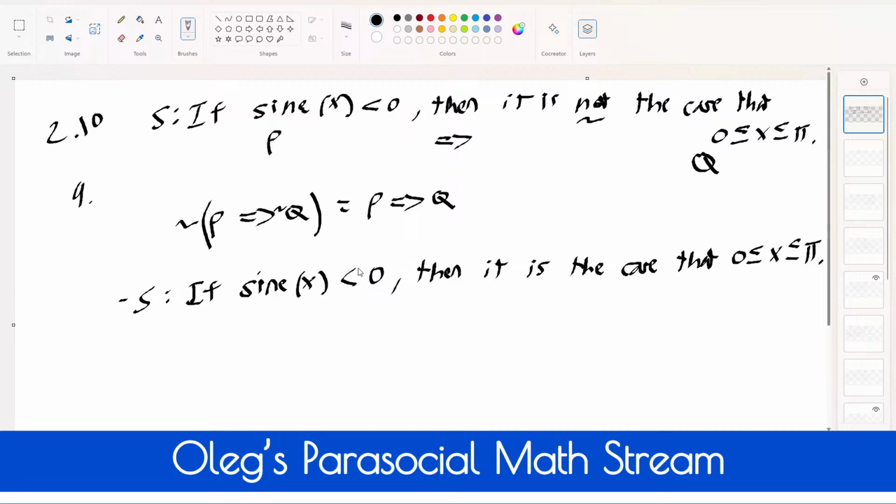Okay, if sine x is less than 0, then it is the case that, and yeah, that's the inverse of that. What they wrote was this.